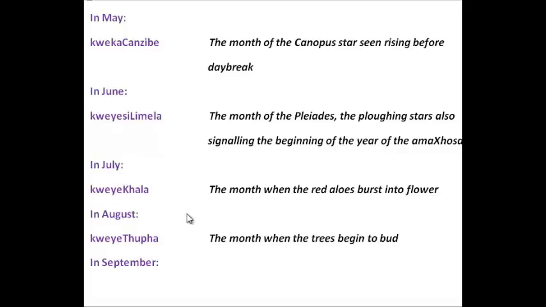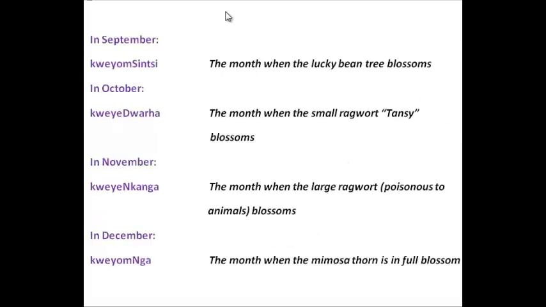In July, Kweye Khala. Amakhala, or the aloes. So the month when the red aloes burst into flower. In August, Kweye Tupa, the month when the trees begin to bud. In September, Kweyom Sinsi, the month when the lucky bean tree blossoms.